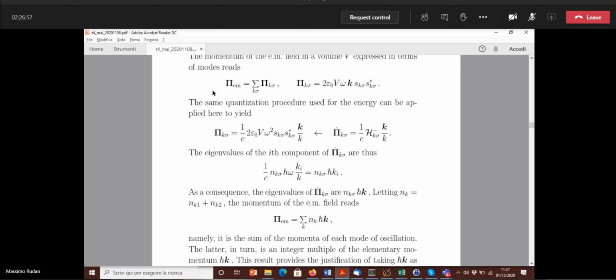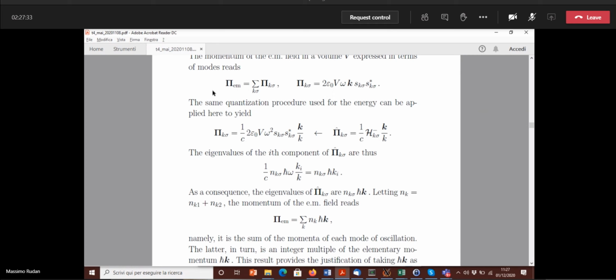So you can set up a conservation equation for momentum, again involving the interaction of particles and the electromagnetic field. And you say if there is a loss of momentum from the electromagnetic field, then it is gained by the particles or vice versa. If there are no particles, you simply have that the momentum of the electromagnetic field is not lost against anything. But the expression is the same.